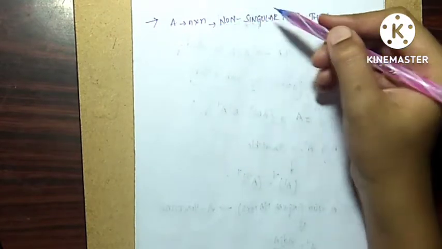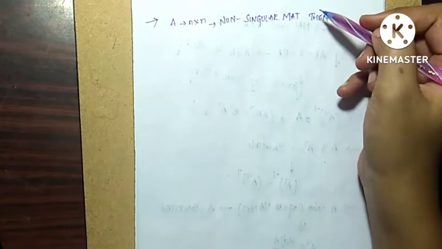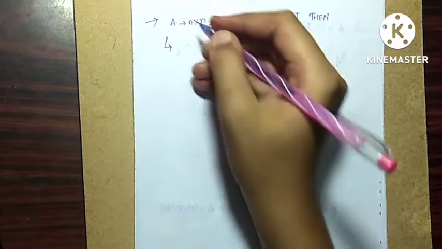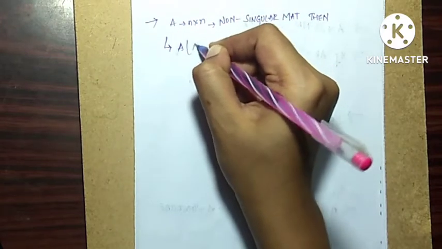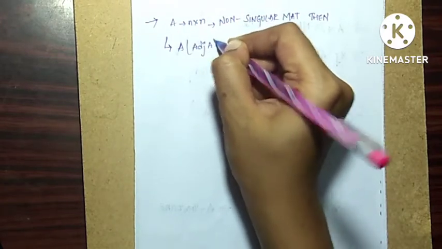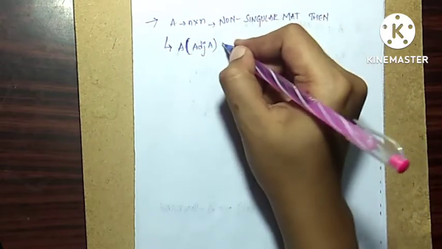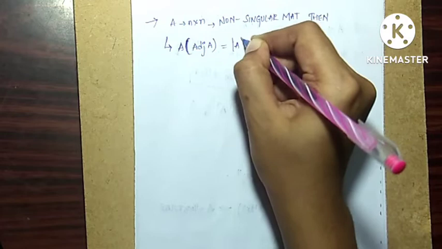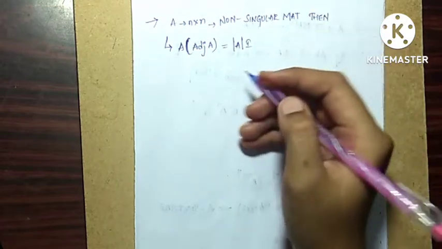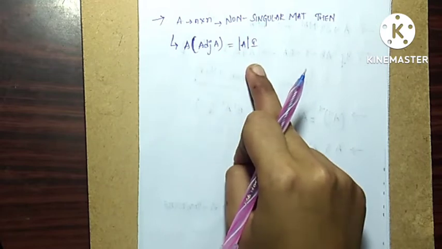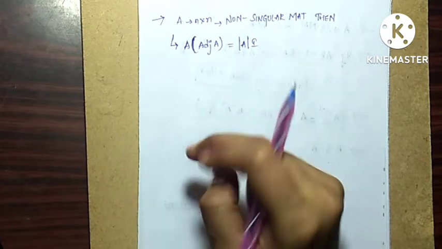The first one is A into adj A is equal to mod A into I. What is the first condition? A into adj A is equal to mod A into I.